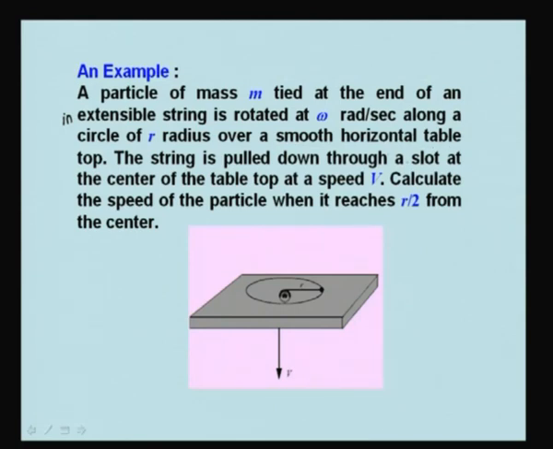The string is pulled down through a slot at the center of the tabletop at a speed v. Calculate the speed of the particle when it reaches r by 2 from the center.